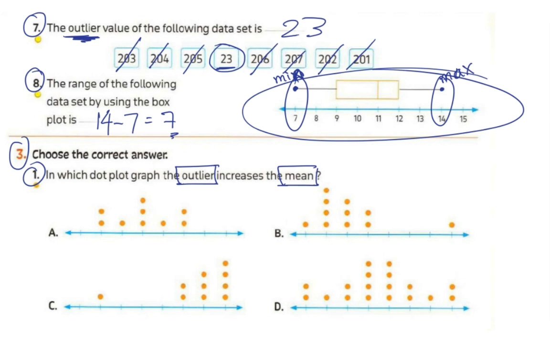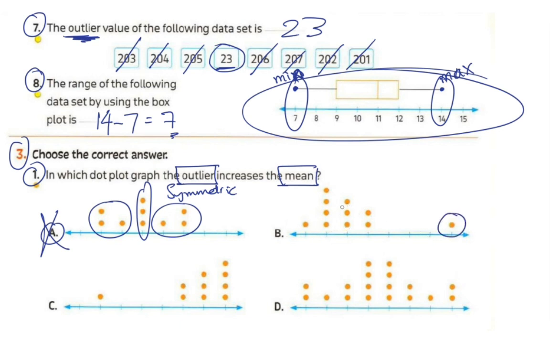Now look here, this figure is symmetrical. Look here and look at these dots. It's a symmetric graph, so it's false. Look here, we have the dot plot and we have an outlier to the right of the group. This is a group of dots, and these dots are to the right.